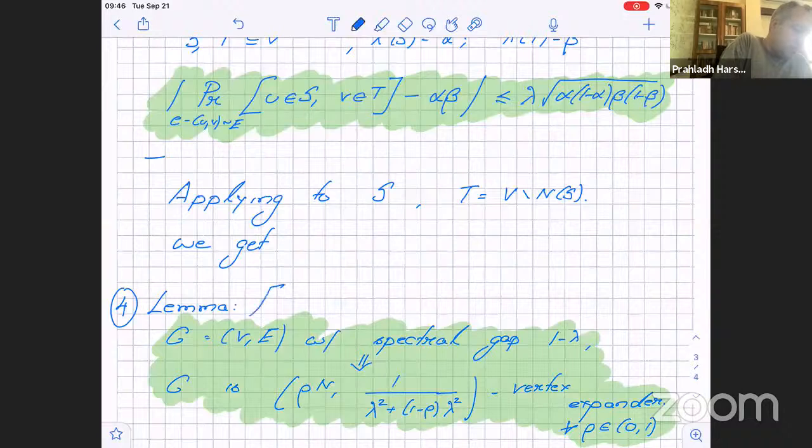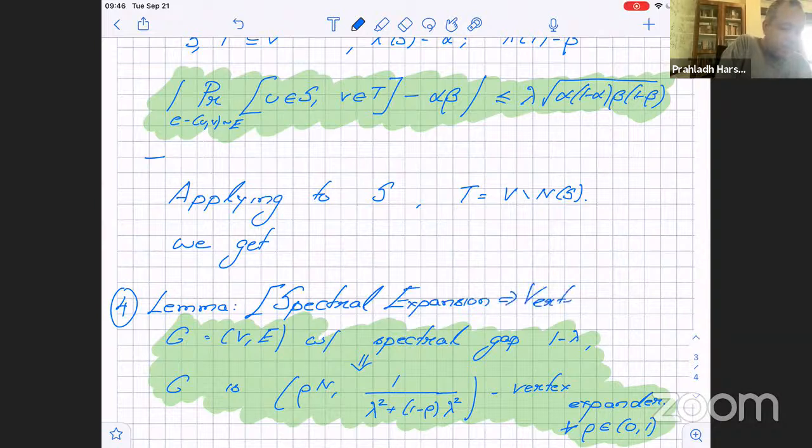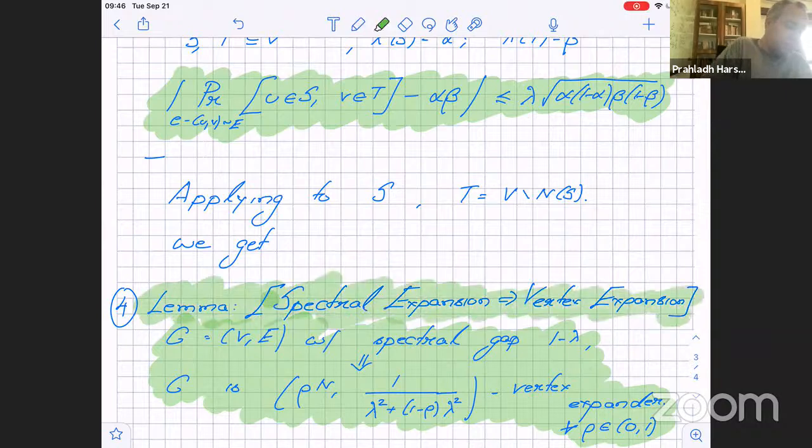It was stating that spectral expansion implies vertex expansion. This was the last thing which we did. So let's recall this.